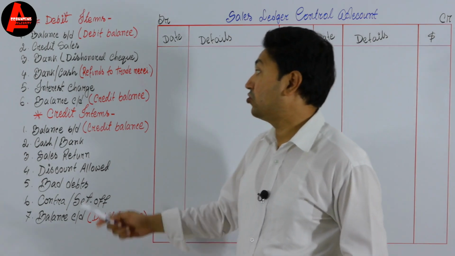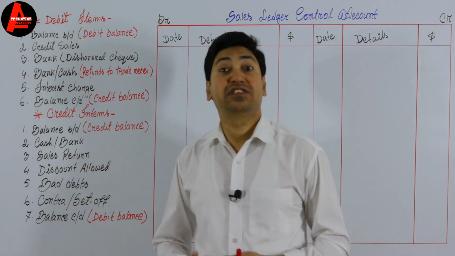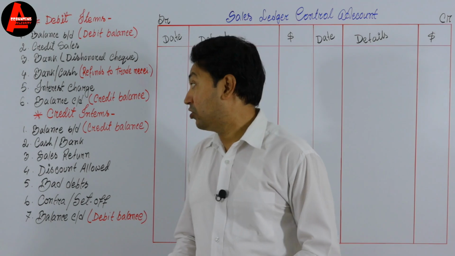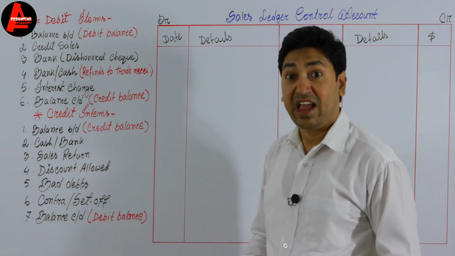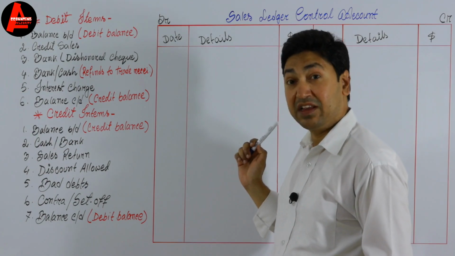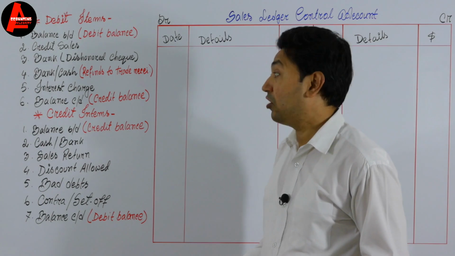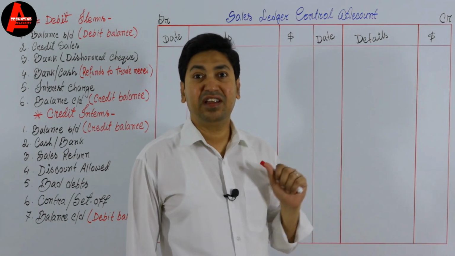Then number 2 we have here, cash or bank. If we receive money from the customer, then we need to write cash or bank. If we receive it in cash, then we write cash. If we receive it by bank transfer or by check, then we write bank here on the credit side.